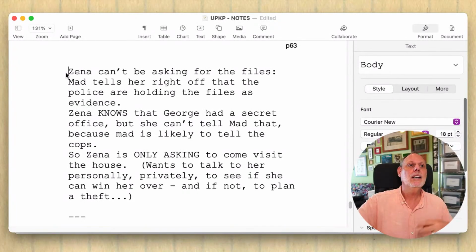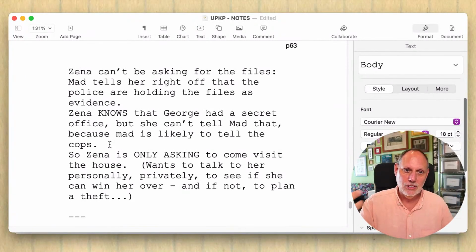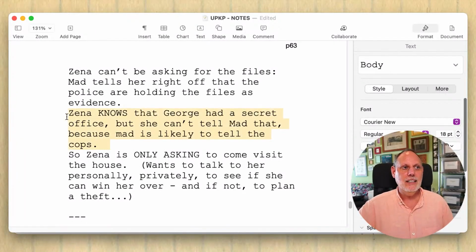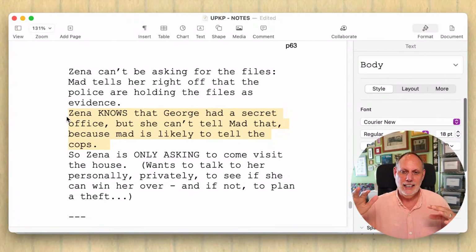The police need them. So I realized that if Xena were to ask, hey, can I come get George's files? Madeline would say, I know, the police have got them. They're sealed. Now, what I decided to do was separate out the stuff. Xena knows that George had a secret office. He's paranoid. He's nuts. He has built a bunker-like basement office that's only reachable by a hidden trap door.